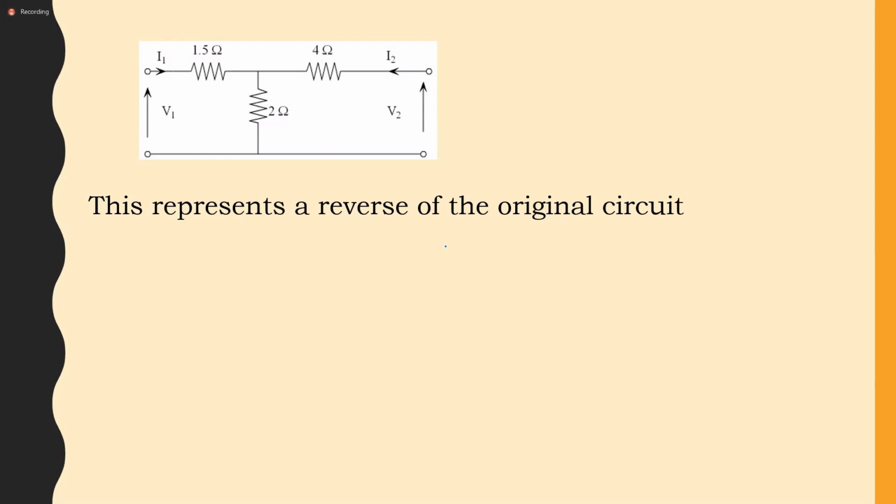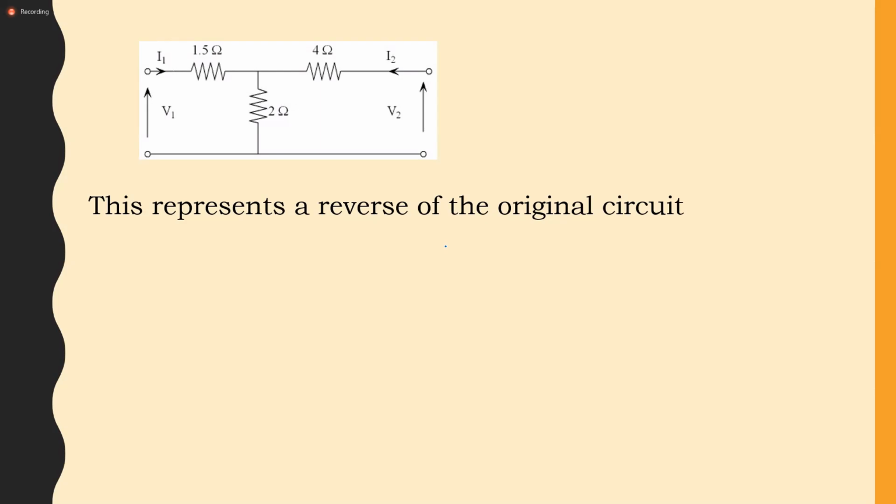A, you got 3.5 over 2. For C, I got a half. Okay.